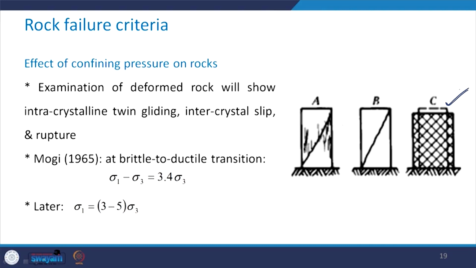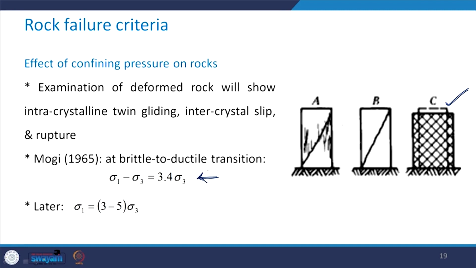Now, Mohr in 1965 talked about this brittle to ductile transition pressure and suggested that when your sigma 1 minus sigma 3 is approximately equal to 3.4 times the confining pressure or sigma 3, then this stress state will correspond to the brittle to ductile transition.